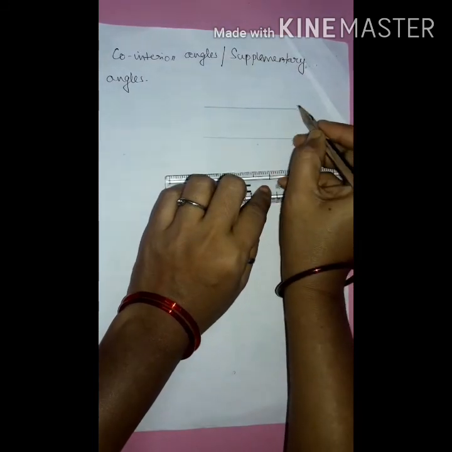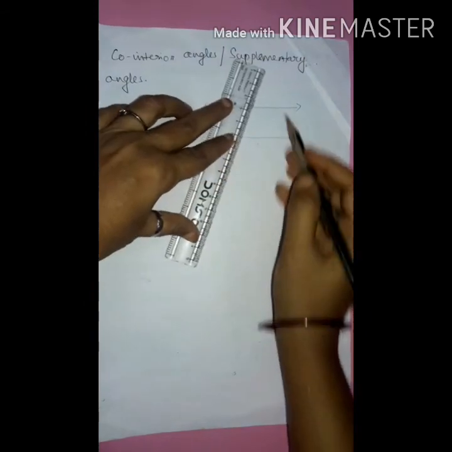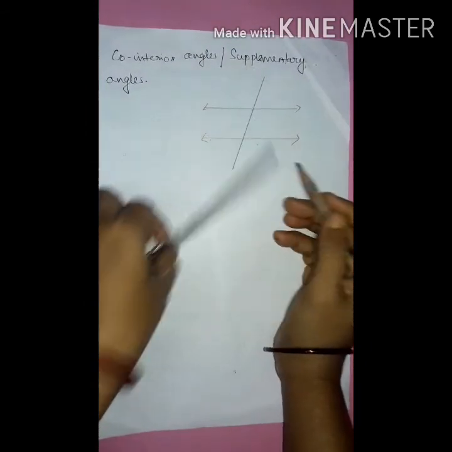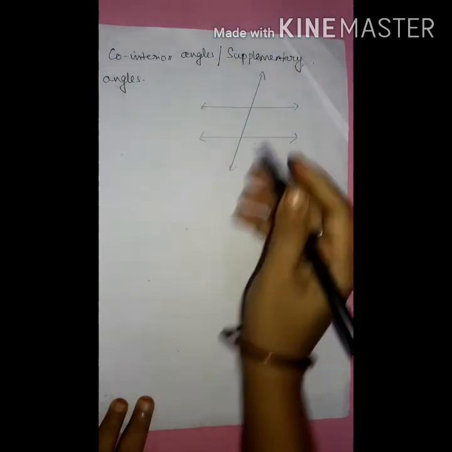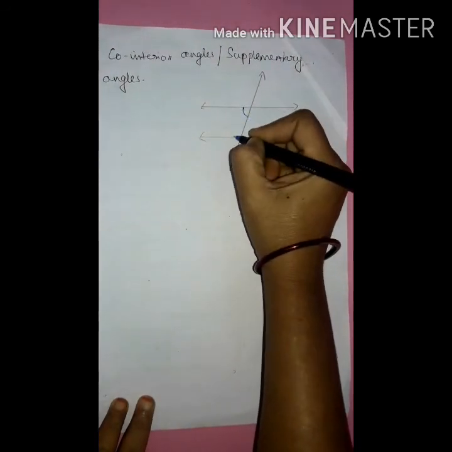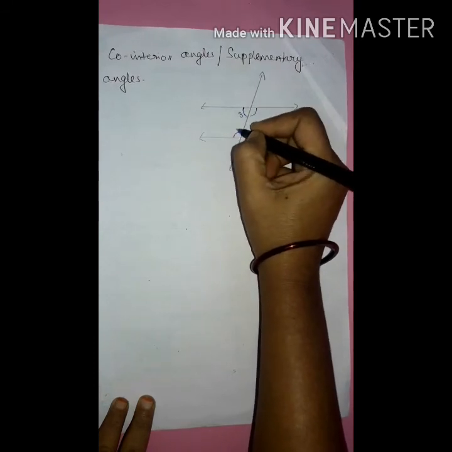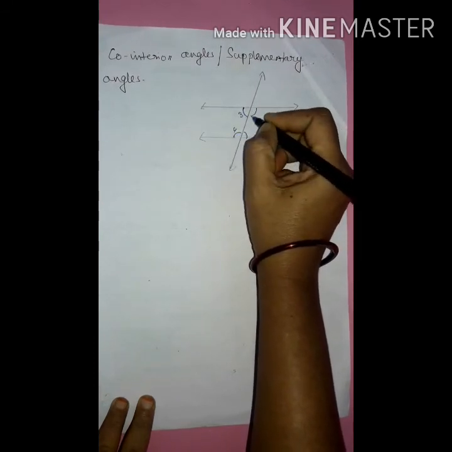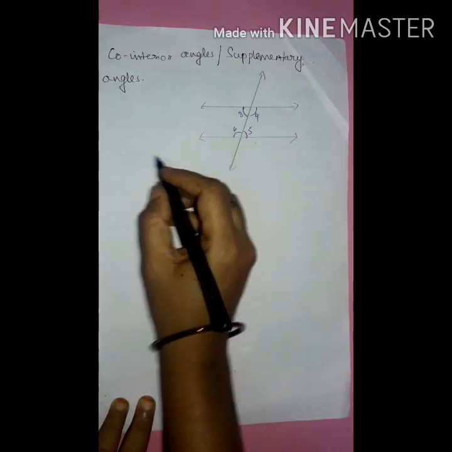So students, be careful while you are identifying the co-interior angles. How can you identify them? These two angles are on the same side.